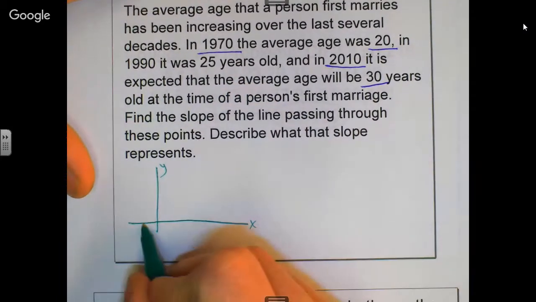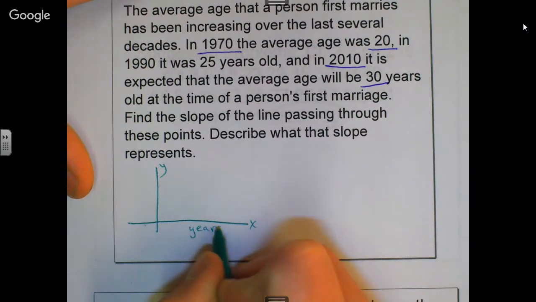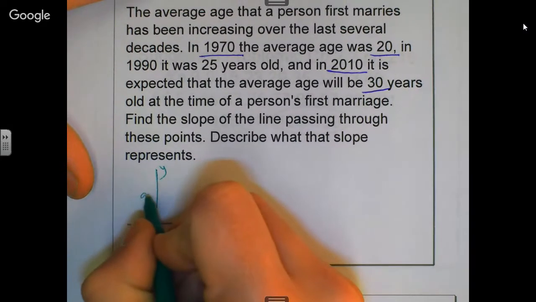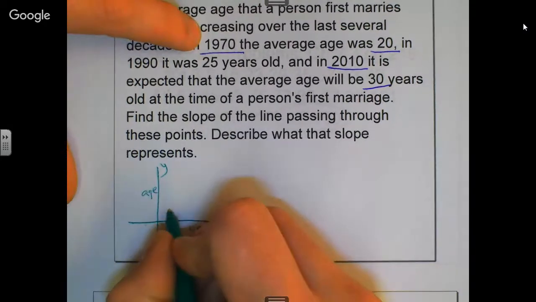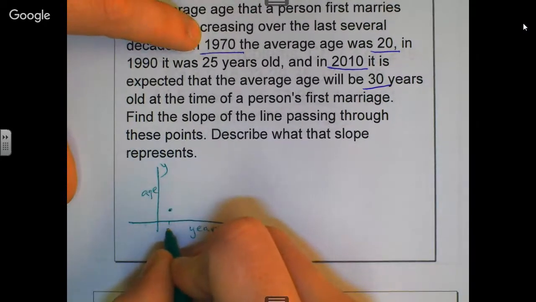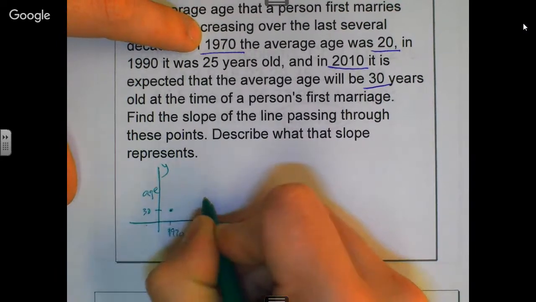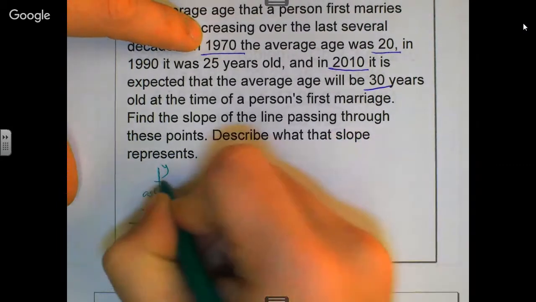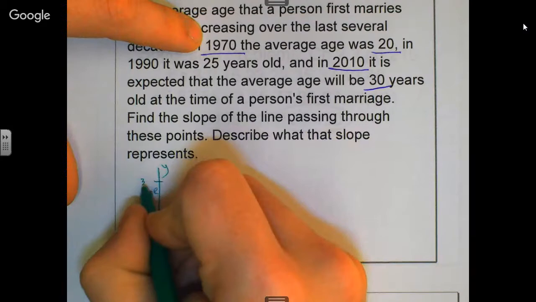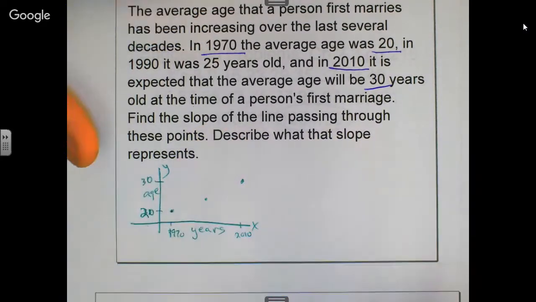We might let the x-axis here be years, and we'll let the y-axis be age. So I can plot these on here. We'll plot this one at 1970 and 20, and we'll skip to the last one here at 2010 and 30.